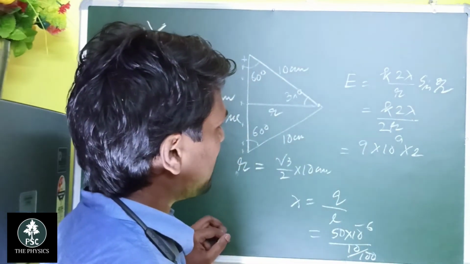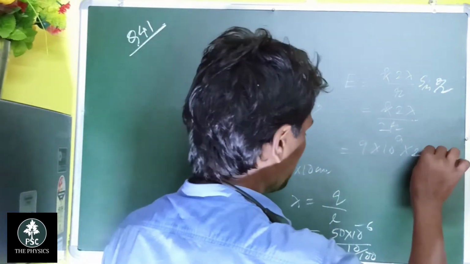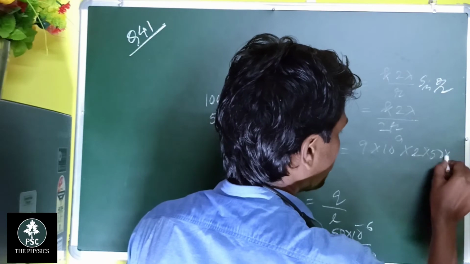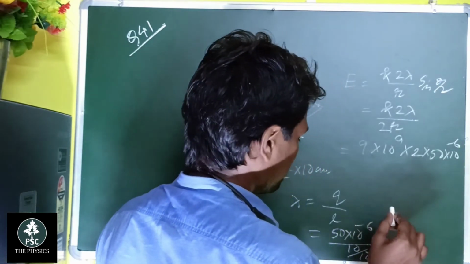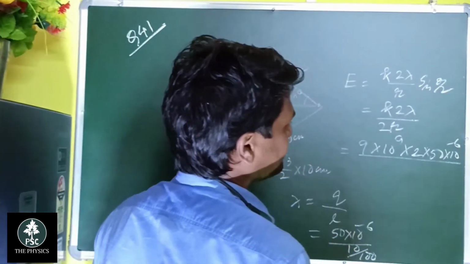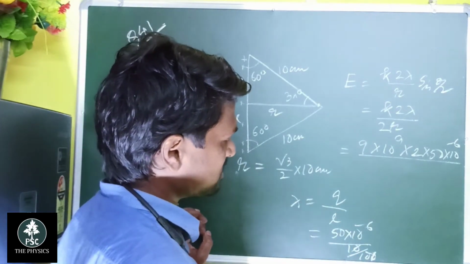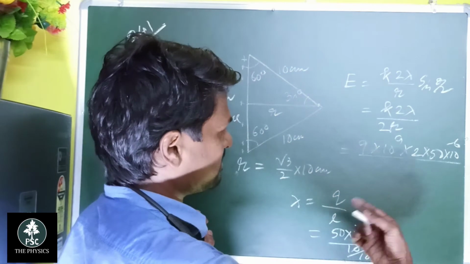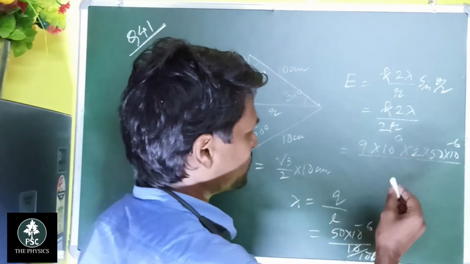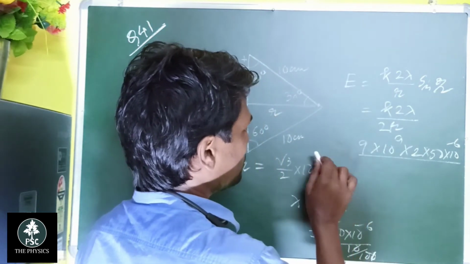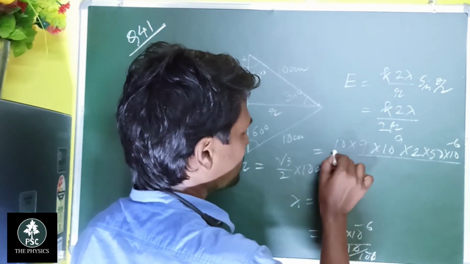This is the value of lambda, and substitute this value here. So this is 50 into 10 to the power minus 6 by 10, and the 10 cancels. So this is 1 by 10, and it is within the numerator portion, so it is also 10 here.